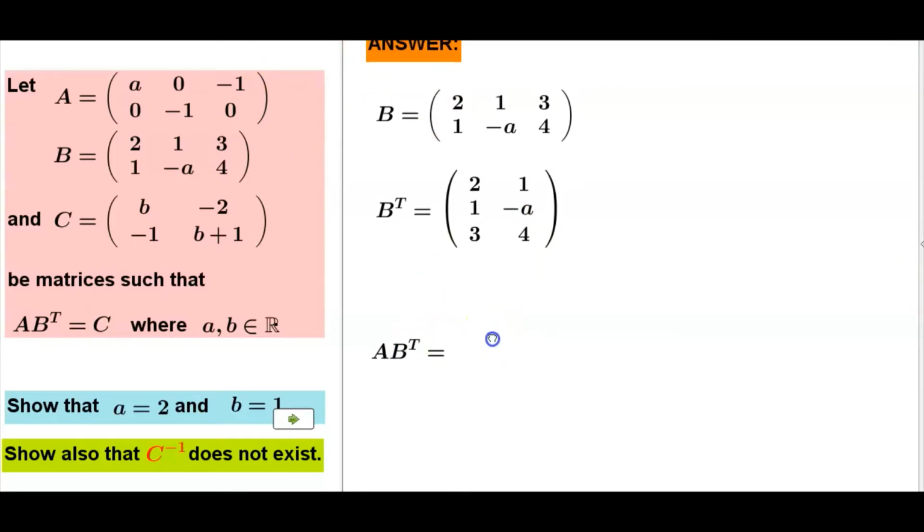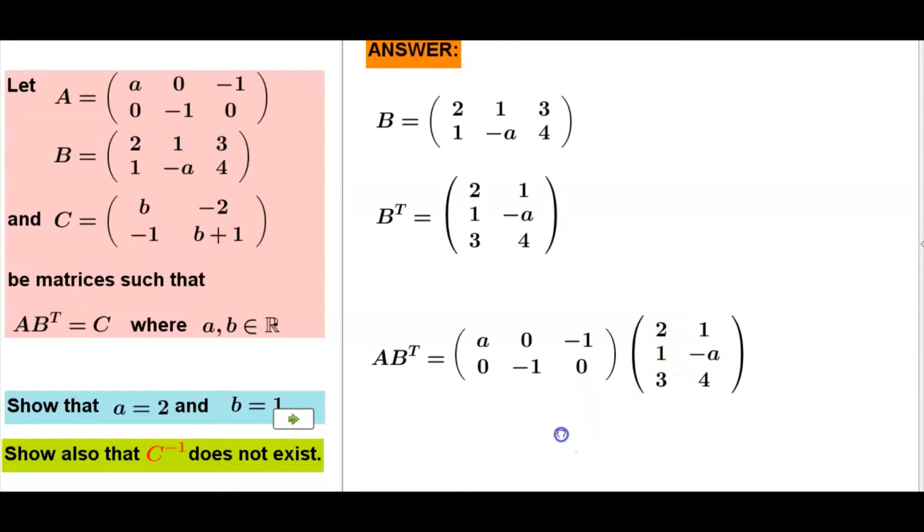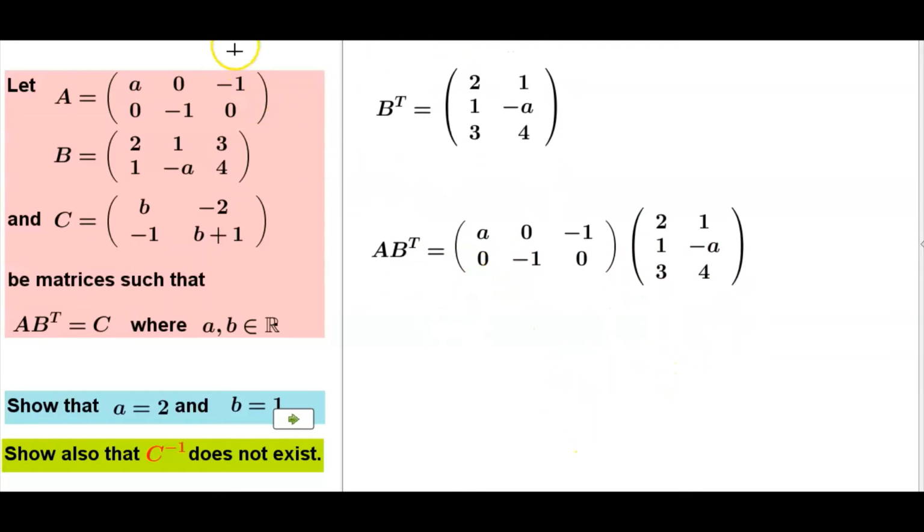A into transformation of B is a multiplication of two matrices. First matrix A and second matrix transformation of B. When we multiply these two matrices, this is order 2 by 3 and this is order 3 rows and 2 columns, 3 by 2.